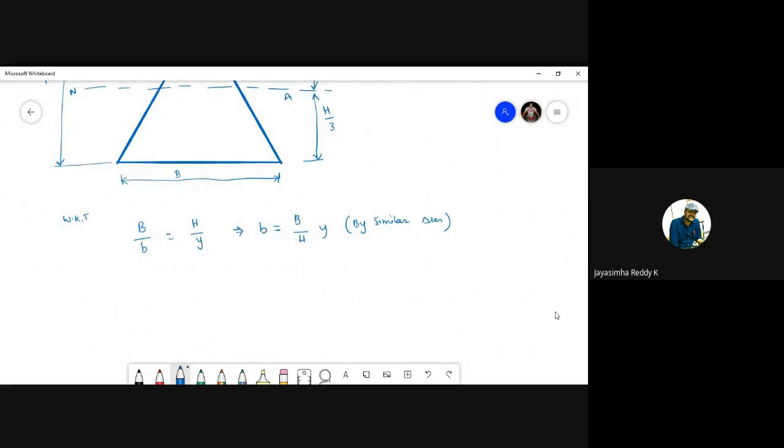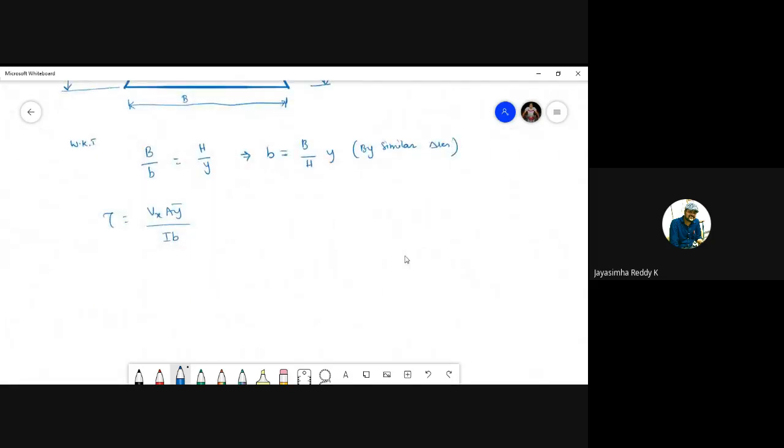Now we know that tau is equal to Vx into A y bar by I b. So here b is nothing but capital B into y by H, which we have just now derived, and A is nothing but the area of the shaded region.